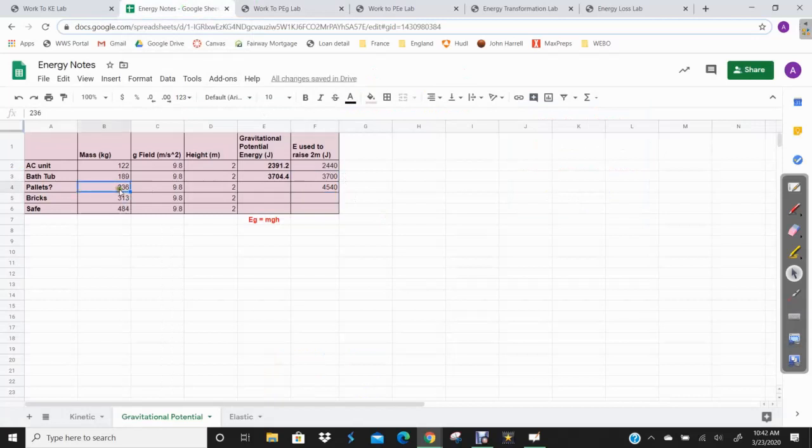Again, a greater mass, greater energy used. We'll do this calculation again. Mass times field strength times height, and it comes out to 4,600, which is pretty close to what we got. Again, this is based on user error, so these aren't going to be perfect.